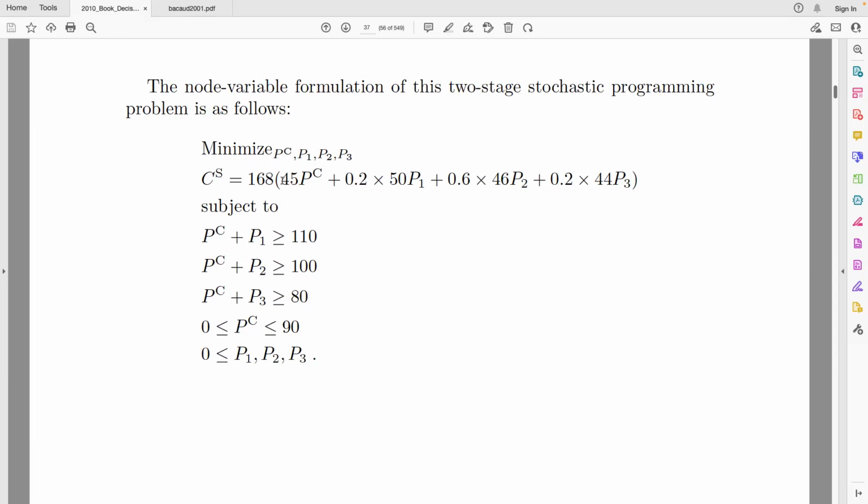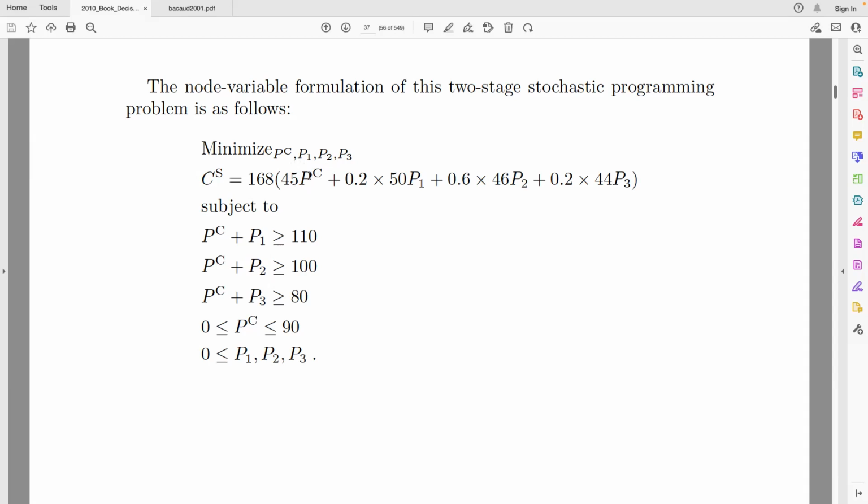Prices are in dollars per megawatt hour, they are not in dollars per megawatt, so that's why we have to multiply by the number of hours in the week. This is dollars per megawatt hour, and this is power in megawatts, so you can see all the units are consistent.